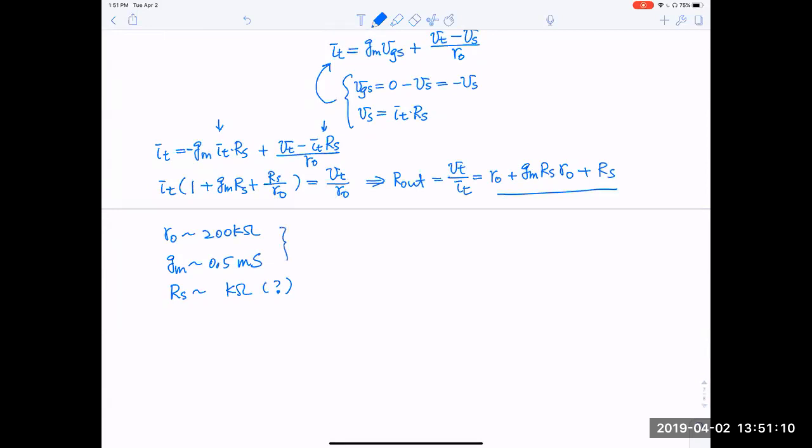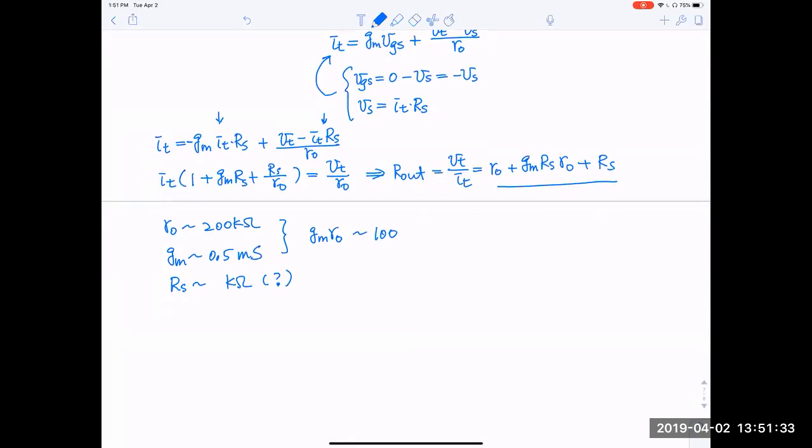So from these 2 numbers, we know GM R0, which if you recall, is the intrinsic gain of the transistor in a common source configuration. This is a large number, on the order of 100, multiplying these 2 numbers. So GM R0 is certainly much greater than 1, okay? Which means the second term, GM R0 multiplied by RS, is definitely much greater than RS.